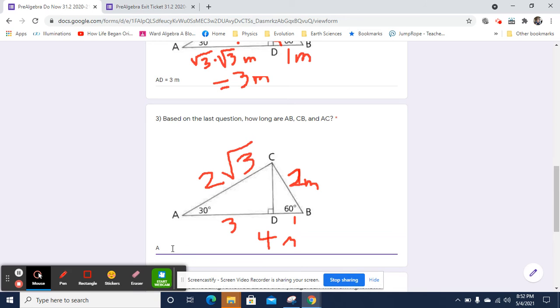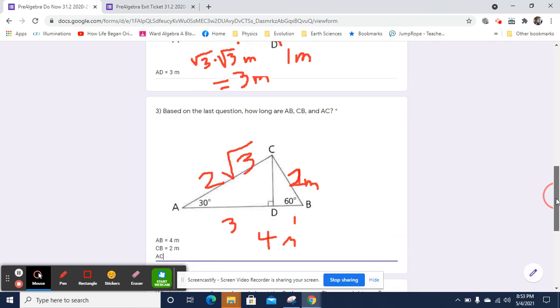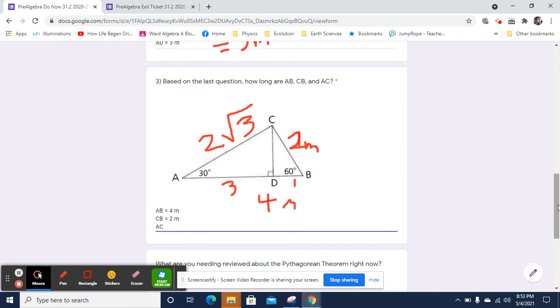So AB equals 4 meters. CB equals 2 meters. And AC, let me scroll down a little bit so you can actually see what I'm doing. AC equals 2 square root of 3 meters.